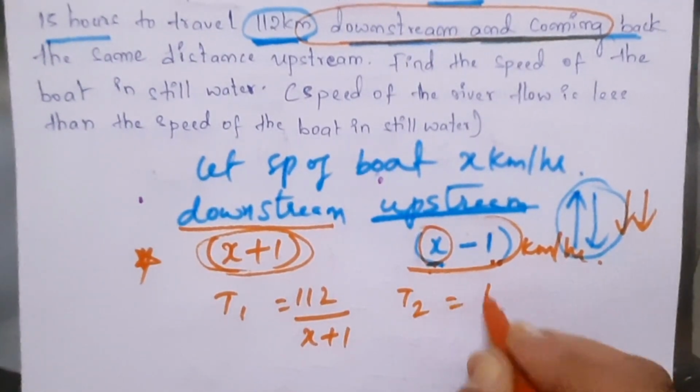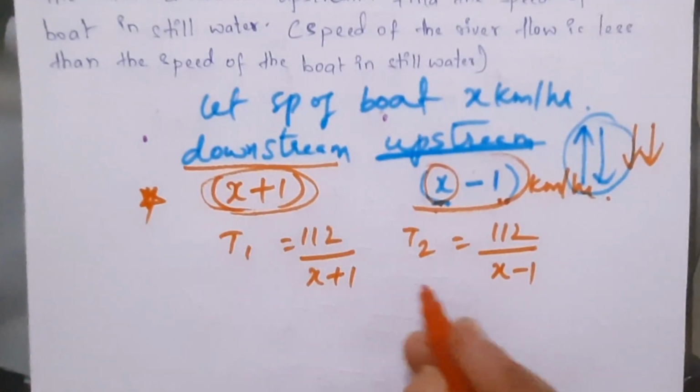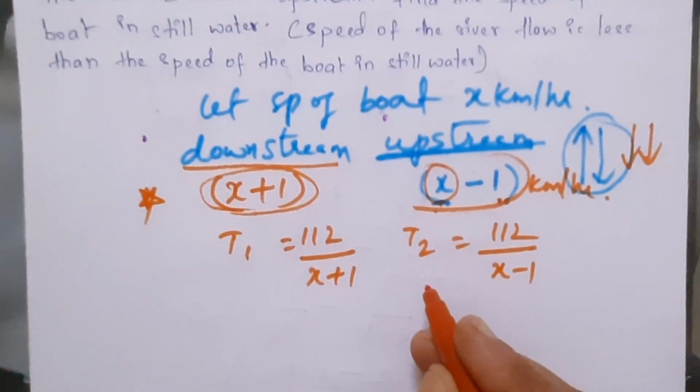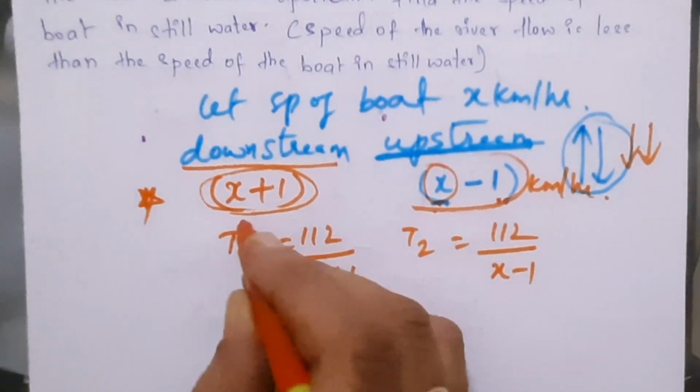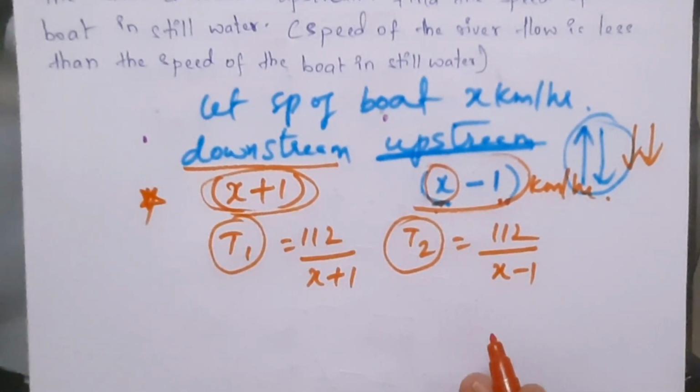Time 2, again 112 kilometer with x minus 1 speed. Now as it is given, it goes and comes back, so we need to find the total time. And for both the travels it is taking 15 hours.